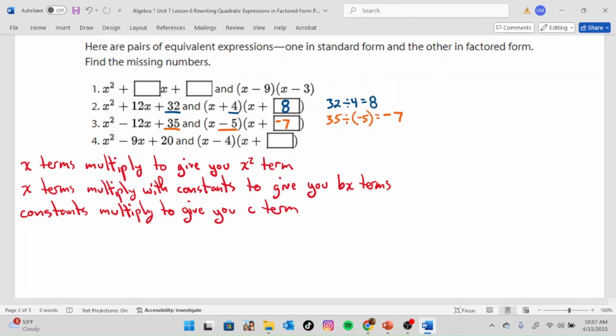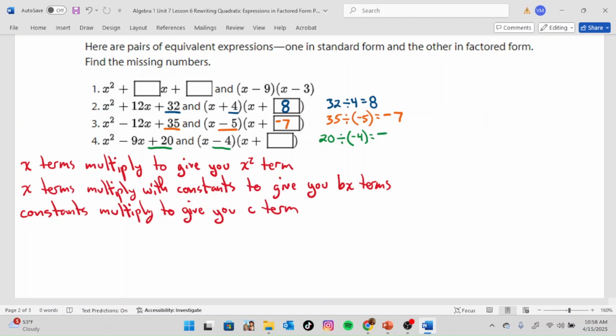And on number 4, same thing. I'm going to take my C term, which is 20, and I'm going to divide it by the constant in the factored form that I do know, which is negative 4. Again, if I divide a positive number by a negative number, I get a negative number.